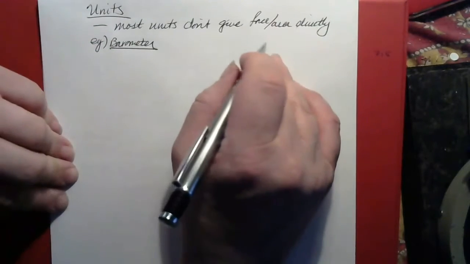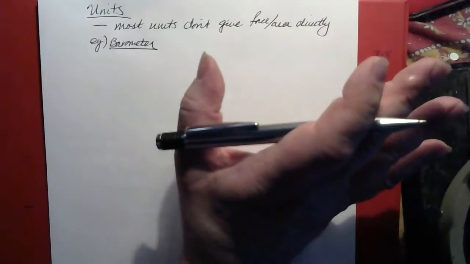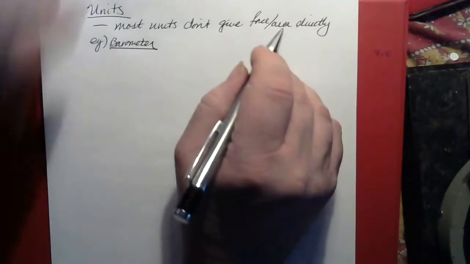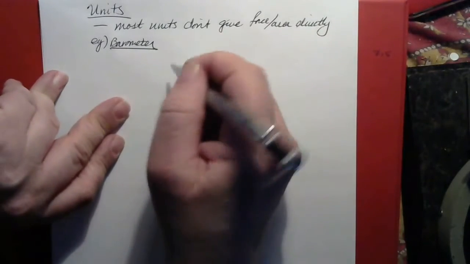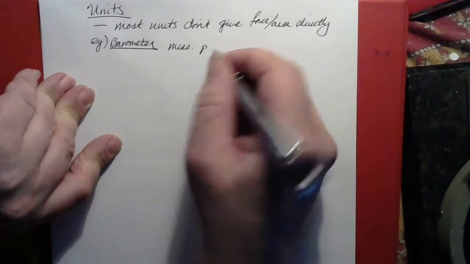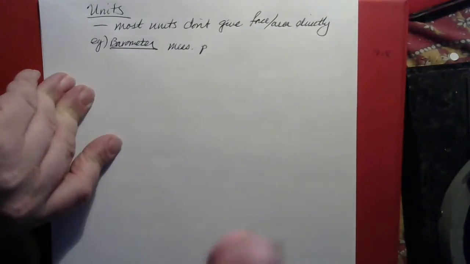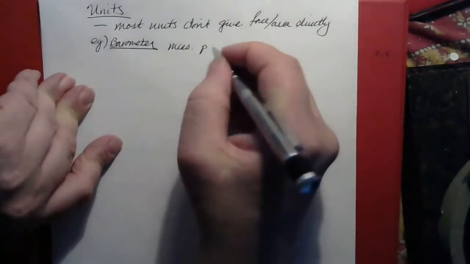And so we often use devices that will measure some property that represents pressure. And a good example of that is the mercury barometer. The mercury barometer measures pressure in the height of a column of mercury in a glass tube.